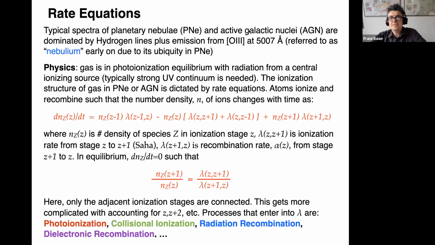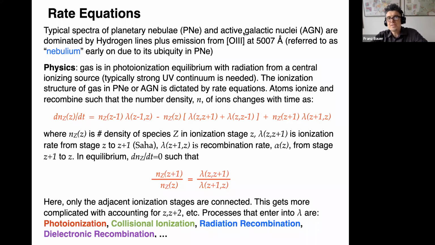Typically the planetary nebulae and AGN in particular have super strong lines of the Balmer series, in fact also the Lyman series and the Brackett series and the Paschen series. In addition to that, they have ionization lines from oxygen 3, nitrogen 2, sulfur 2.